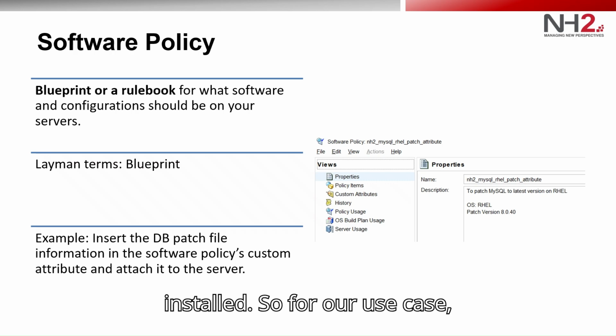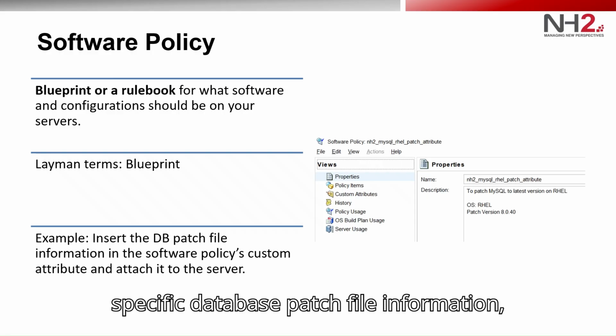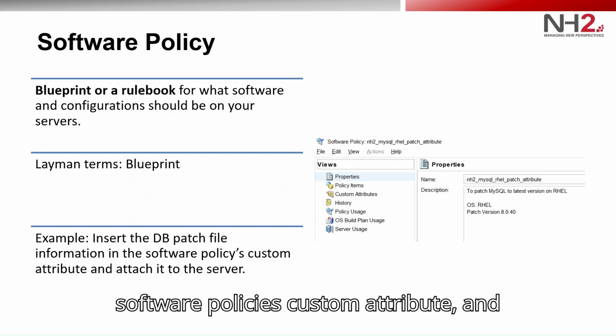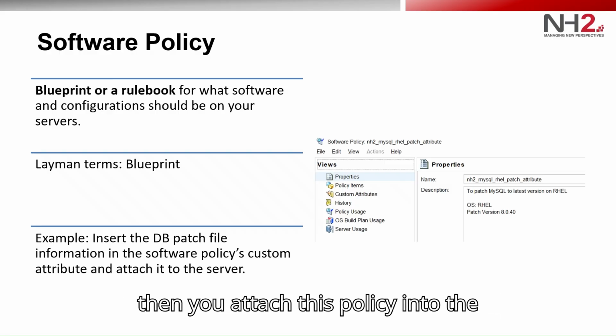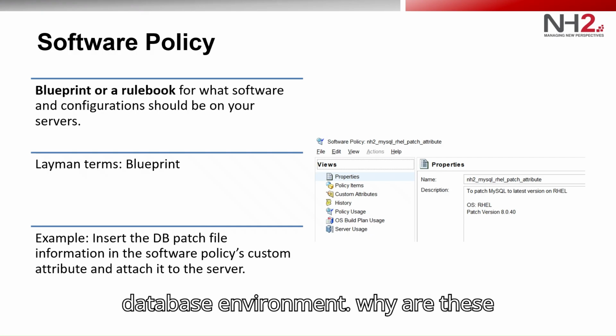So for our use case, you will insert the specific database patch file information, such as the file name or the specific patch ID, into the software policy's custom attribute, and then you attach this policy to the target server. This ensures that the correct patch is associated with the correct database environment.